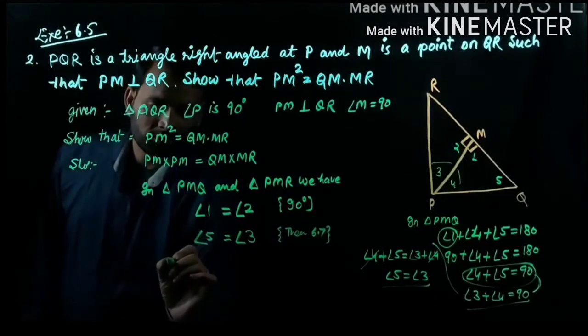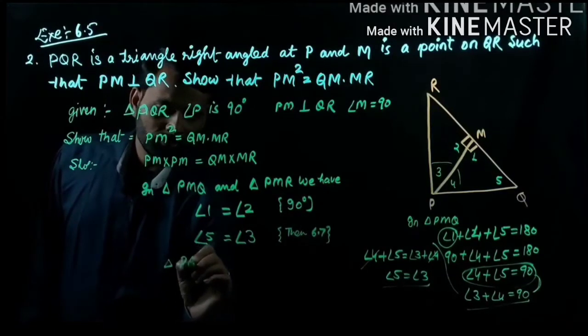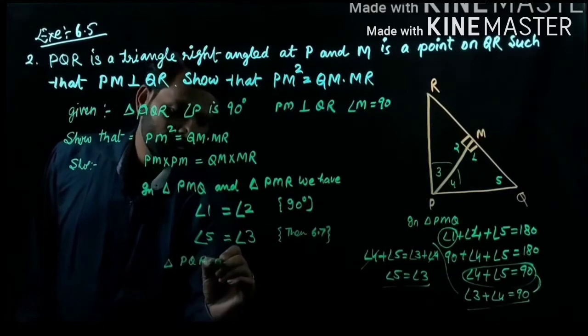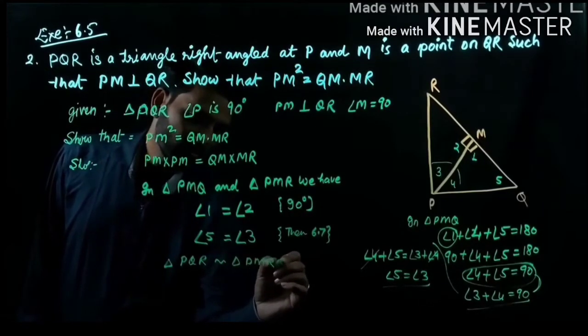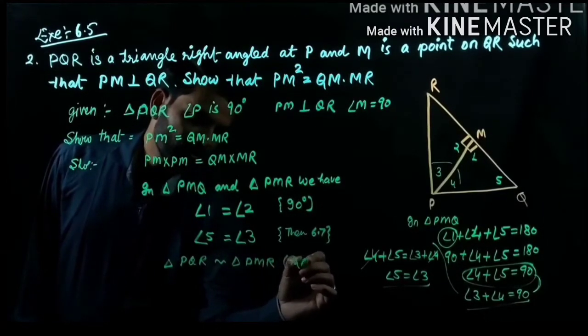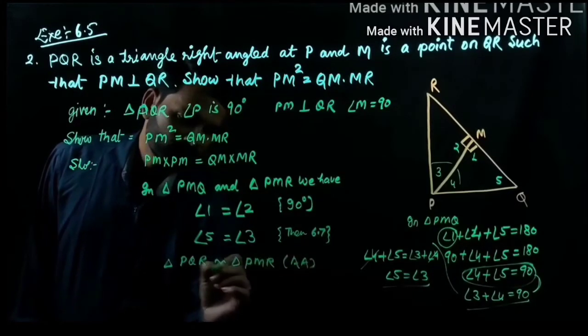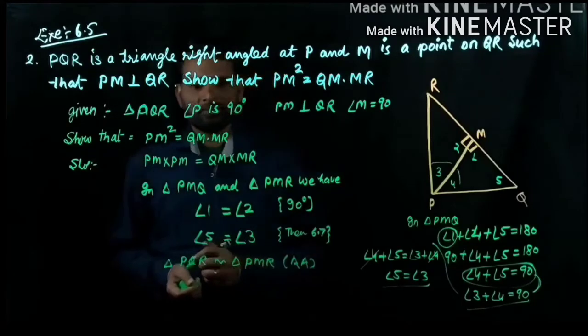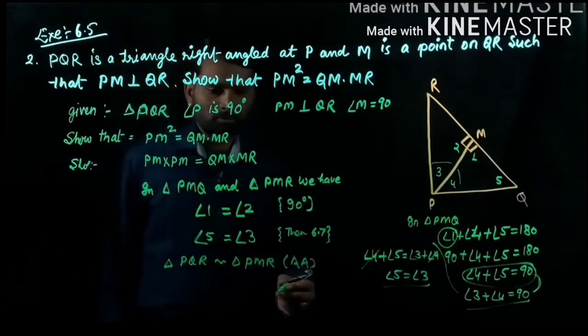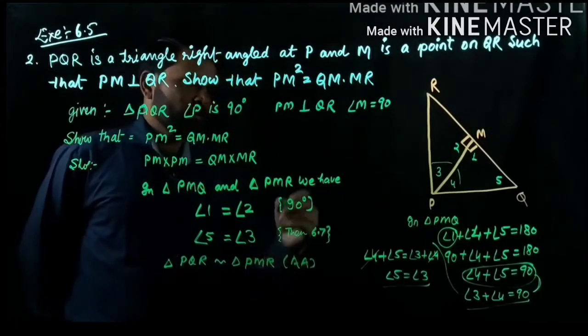Now we write that triangle PQR is similar to triangle PMR by angle-angle similarity.